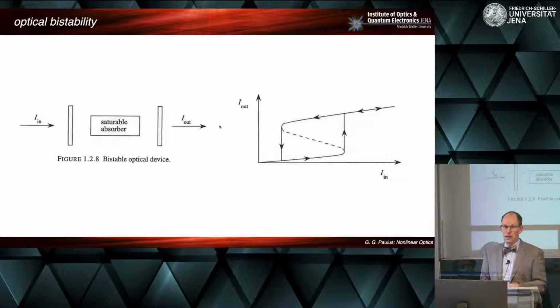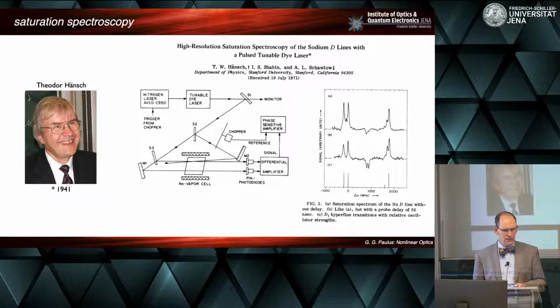So that's optical bistability, and 30, 40 years ago, this was a very active field of research because people thought that this would be one option to build an optical computer. Because this is a switching behavior, and if you control it in some way, then you can make perhaps an optical transistor. It didn't lead to much, but it has been a very active field.